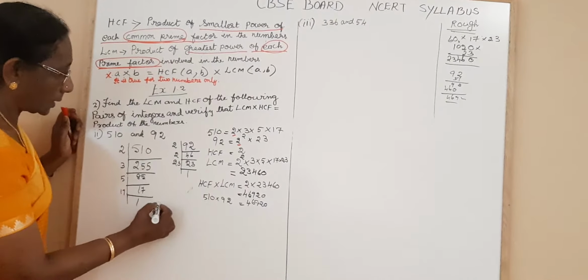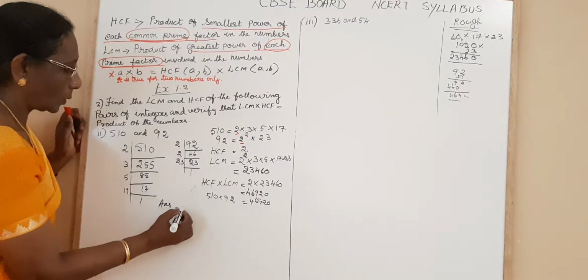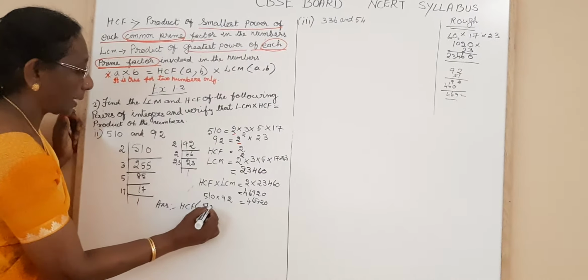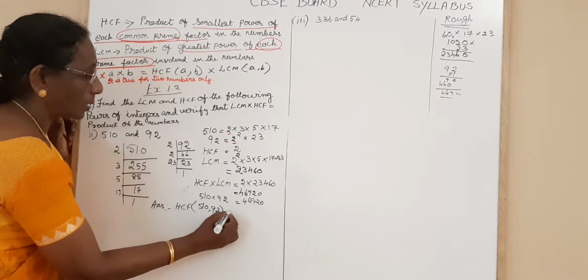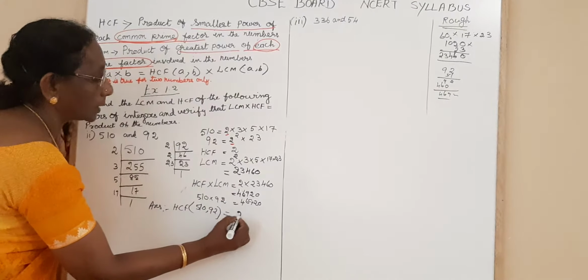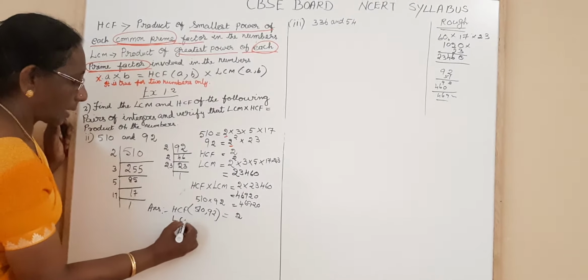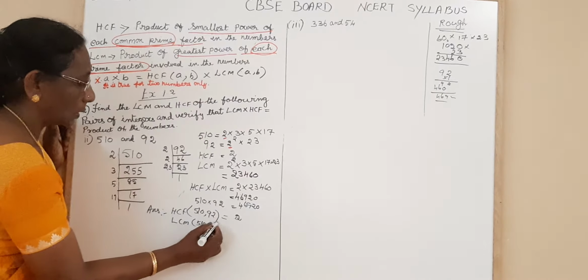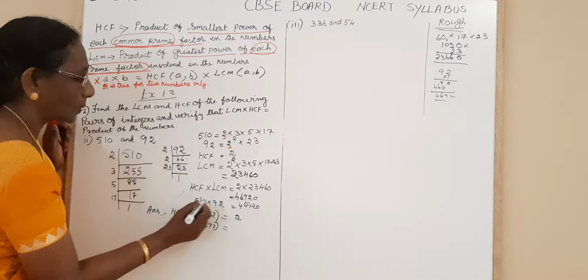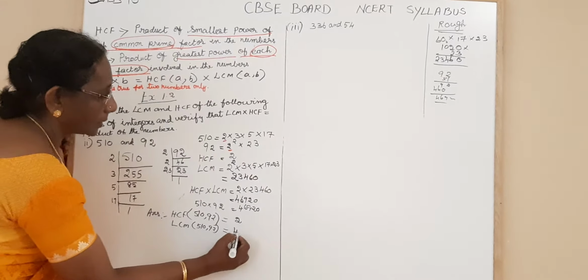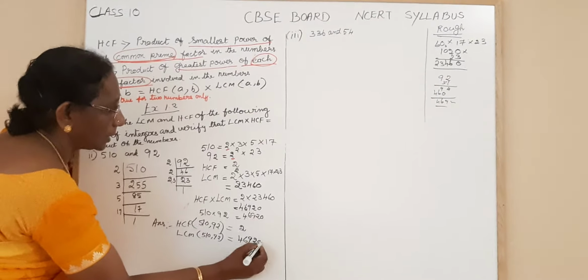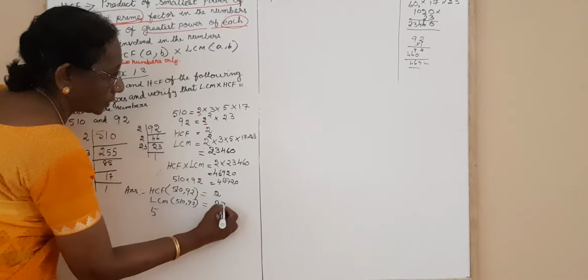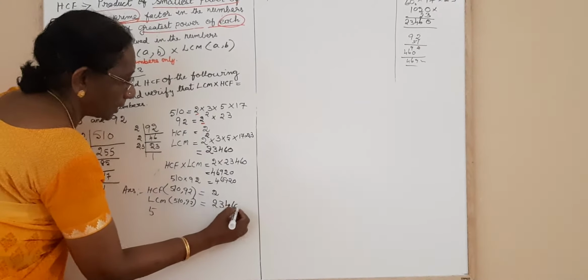So now you have to write the answer. What? HCF of 510 and 92 is equal to highest common factor is 2, and LCM of 510 and 92 is equal to what? 23,460.